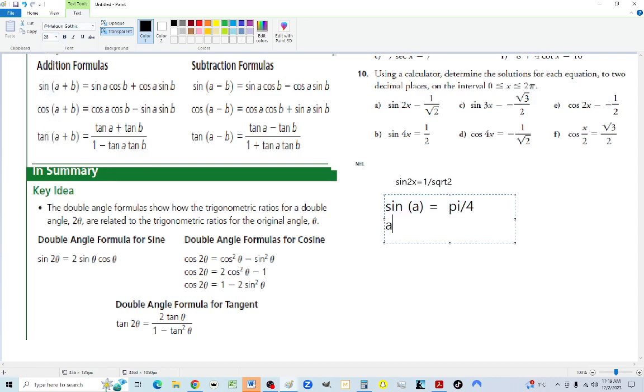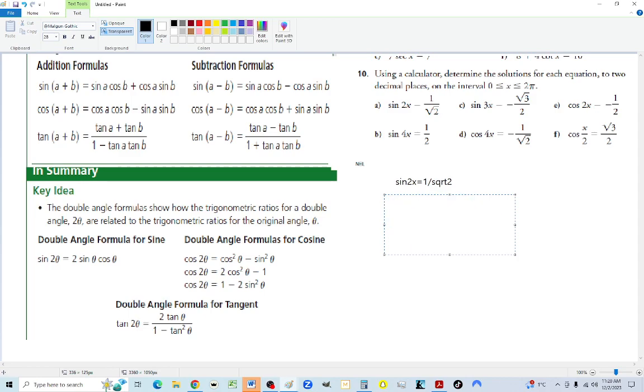Now, if A is equal to pi over 4, but A is also equal to 2x, we can then say 2x is equal to pi over 4 and divide by 2. And we're talking about the angle pi over 8, 22.5 degrees. So that's how you'd solve that first one.